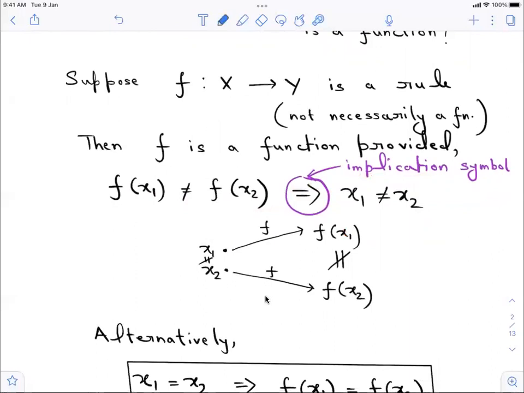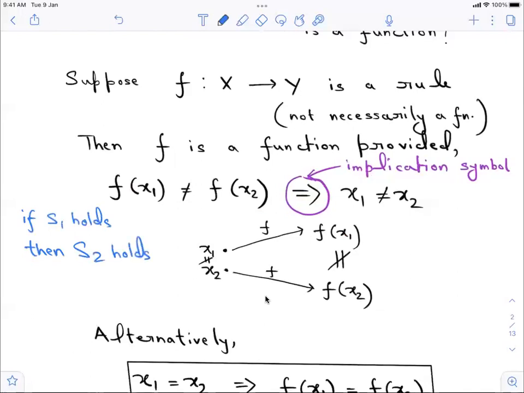Let me quickly tell you, if you have a statement like, if a statement S1 holds, then a statement S2 also holds.